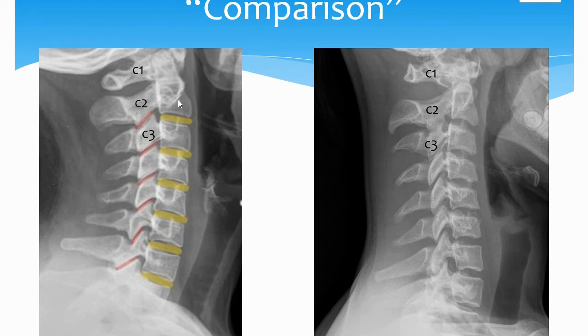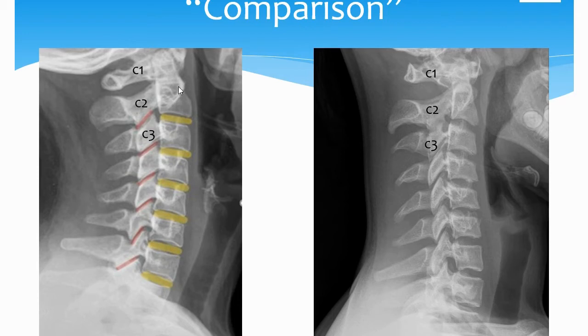Here's C1, here's C2, here's C3, it goes down to C7. Here would be the disc, which most of us are familiar with, and we have heard about these vertebral discs. They look nice and thick, and the curvature of the neck looks very normal as well.